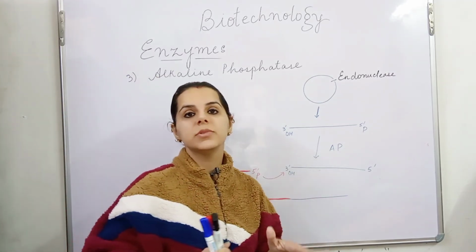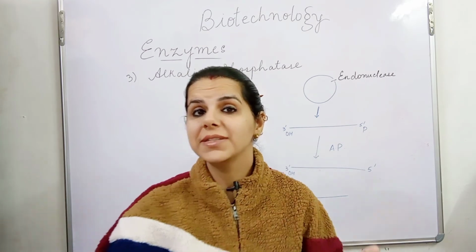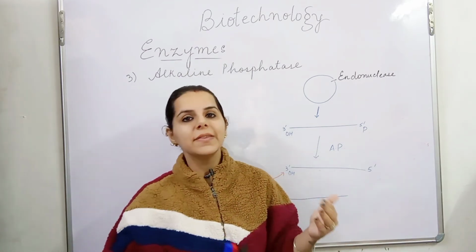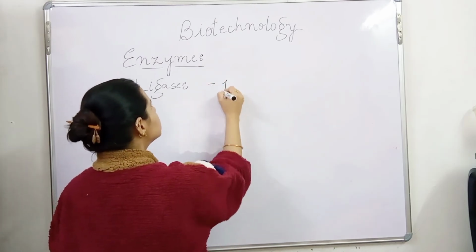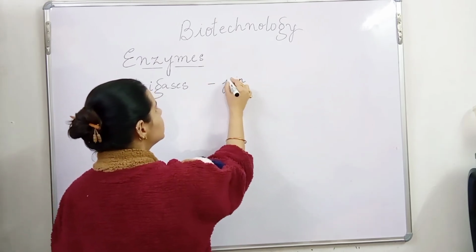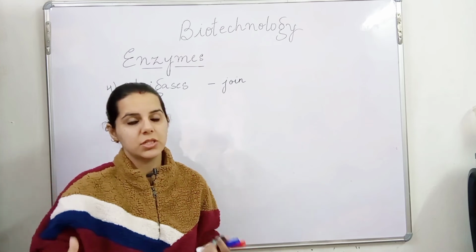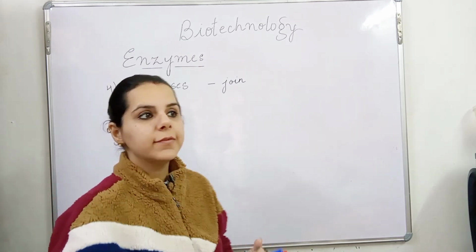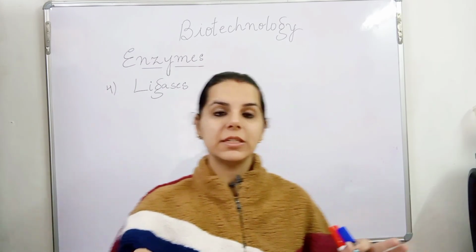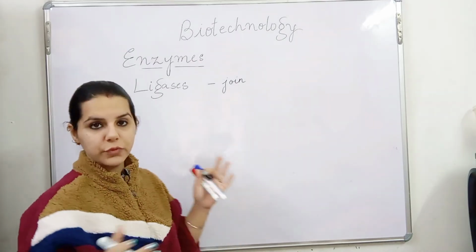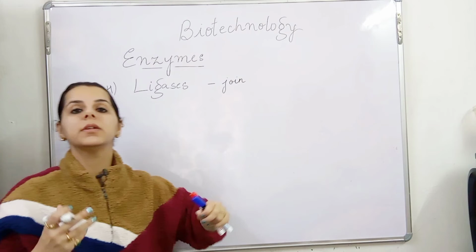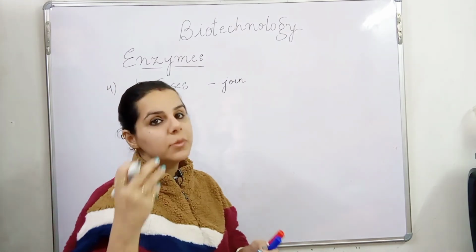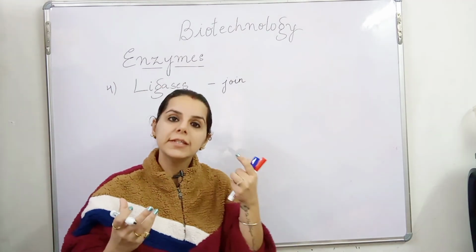Here comes the role of another type of enzymes that I'm going to discuss, and that is ligases. So basically the keyword here is to join. They're used to join different DNA segments. So whenever we have an open plasmid DNA and our gene of interest, with the help of these enzymes, ligases, we are able to join the plasmid DNA with our insert.